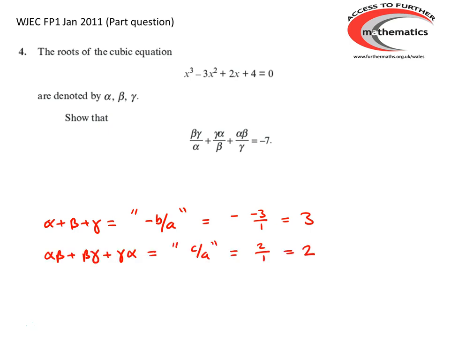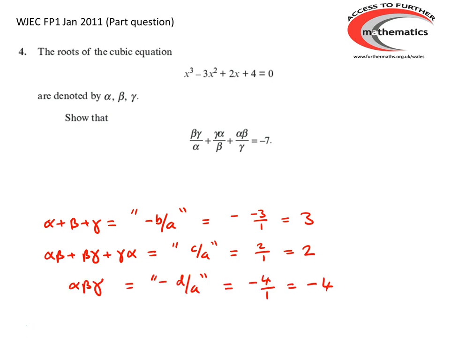We know that alpha beta plus beta gamma plus gamma alpha is c upon a, where c is the coefficient of x and a is the coefficient of x cubed. So in this case we have alpha beta plus beta gamma plus gamma alpha is 2 over 1, which is 2.